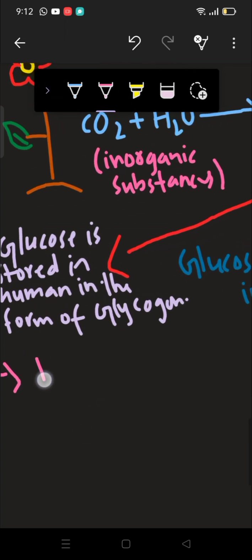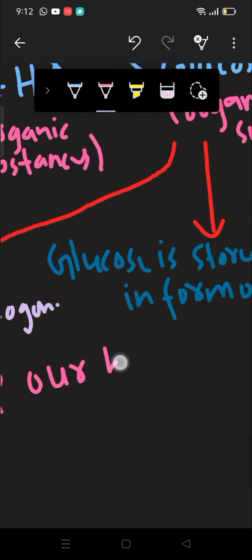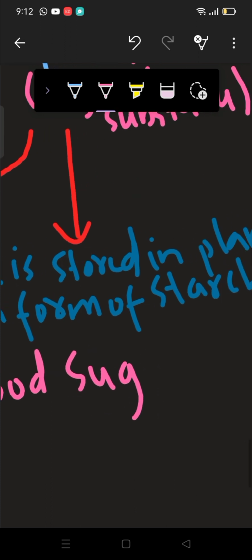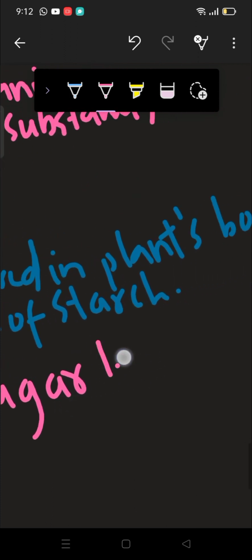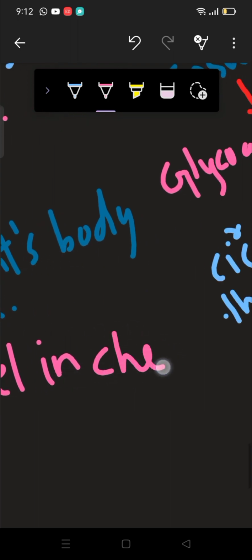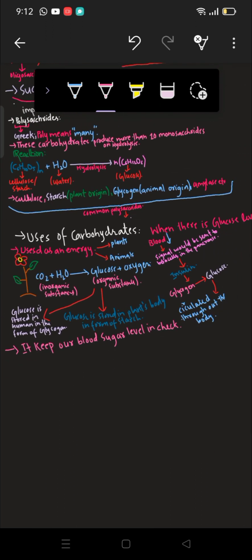We have checked how that happens. I have taught you how insulin and glucagon are working. So this was the second use.